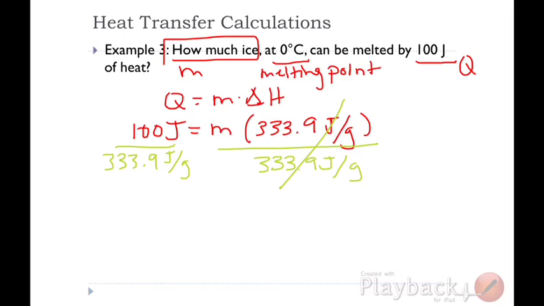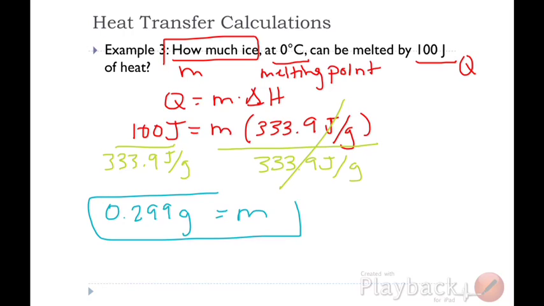That's going to be a small number because we're dividing 100 by something that's bigger than 100. So we know that our answer is going to be less than 1. And specifically, we can punch that into a calculator. We get 0.299 grams. So our answer is 0.299 grams of water, to be specific. And that's how many grams of water could be melted by just using 100 joules of heat. So it's not much water.